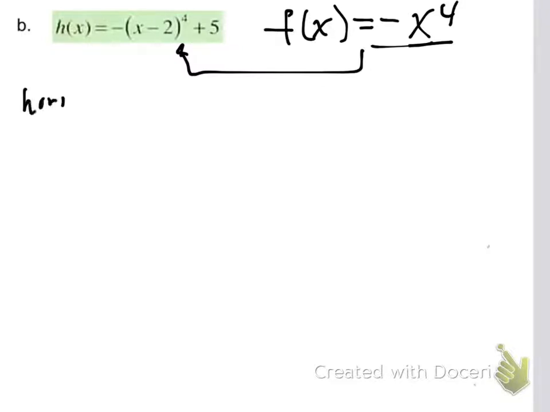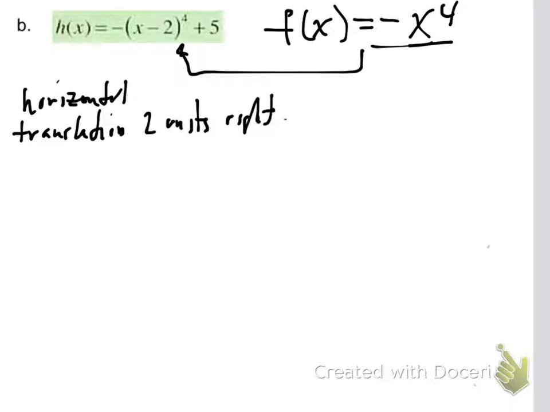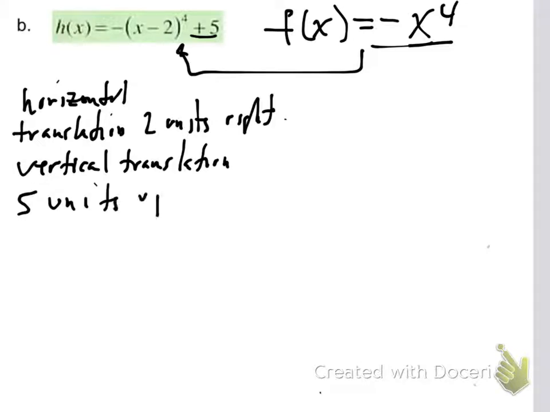So horizontal translation 2 units right, and then I'm adding 5 to the y, so that's a vertical translation 5 units up. Let's graph this.